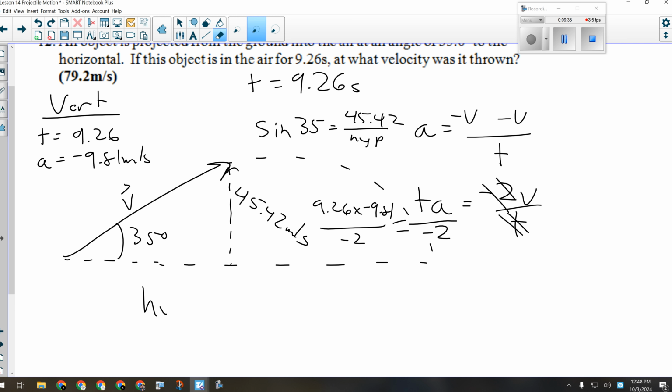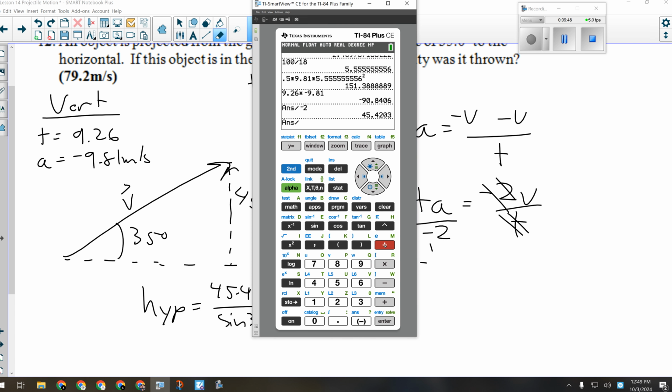So the hypotenuse will be 45.42 divided by the sine of 35. Okay, so this thing's projected velocity is 79.2 meters per second at 35 degrees above the horizontal.